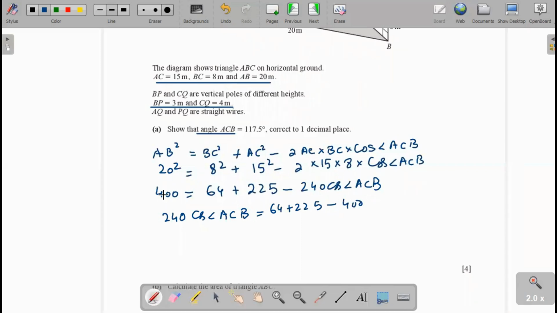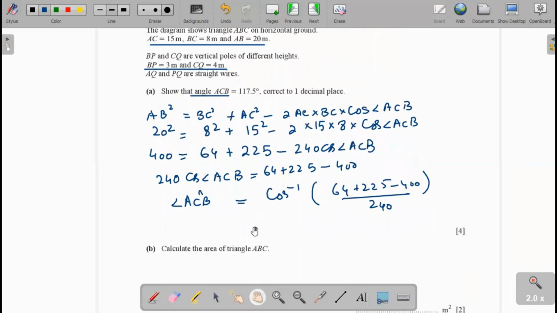We shift the 400 from left to right side. Now the angle ACB will be equal to cos inverse of (64 plus 225 minus 400) divided by 240.